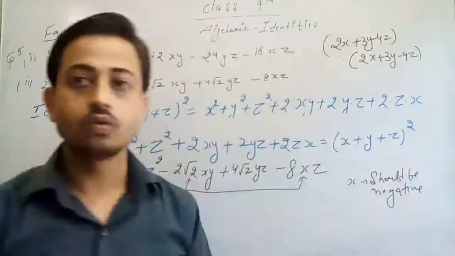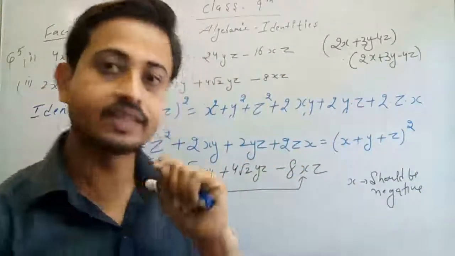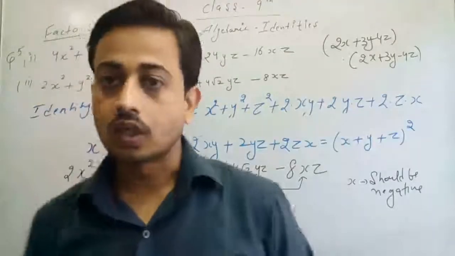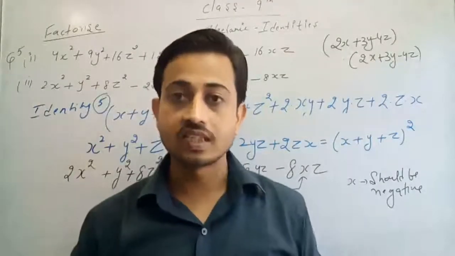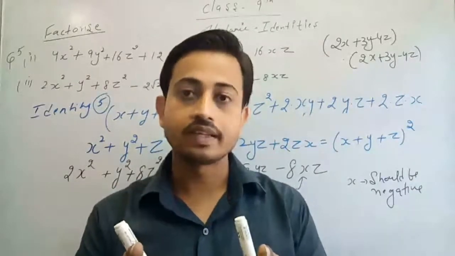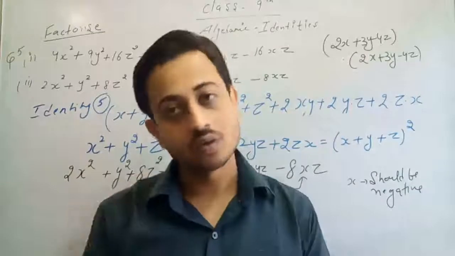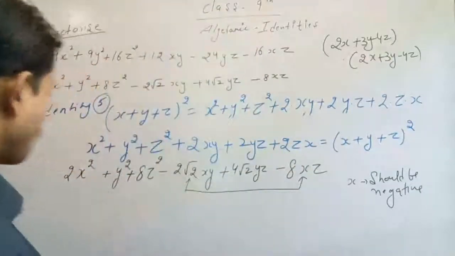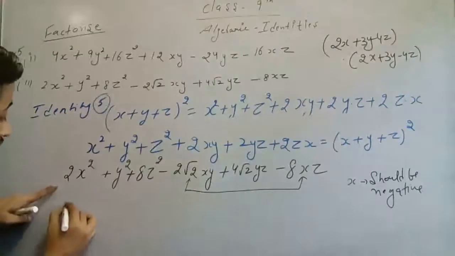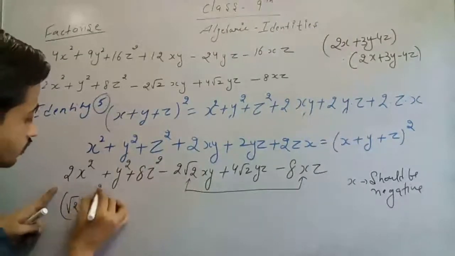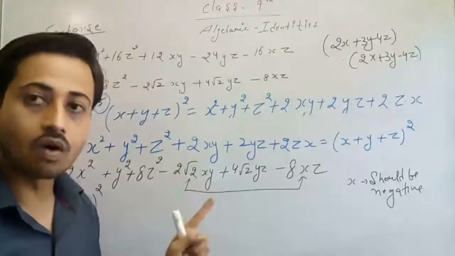So we have to take x as negative. Now make the factors. We already know 2. What's the square root of 2? It does not exist. So 2 can be written as root 2 multiplied by root 2, because root 2 into root 2 gives 2. So 2 can be written as root 2x square. So it becomes a complete whole square.